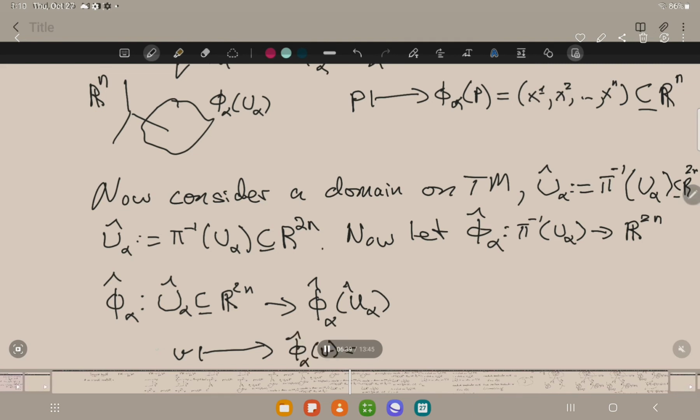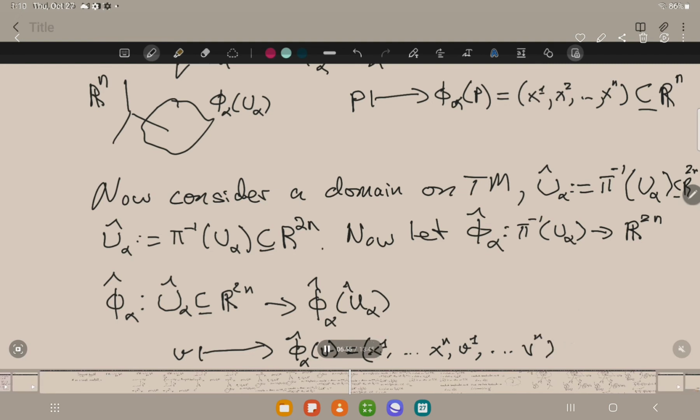And so this chart phi alpha hat maps v, which is the tangent vector at point P, to phi alpha hat of v.